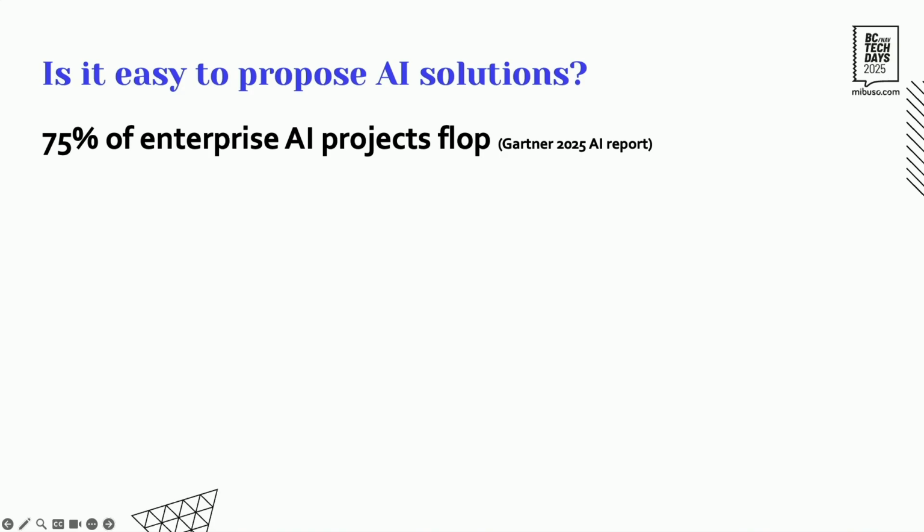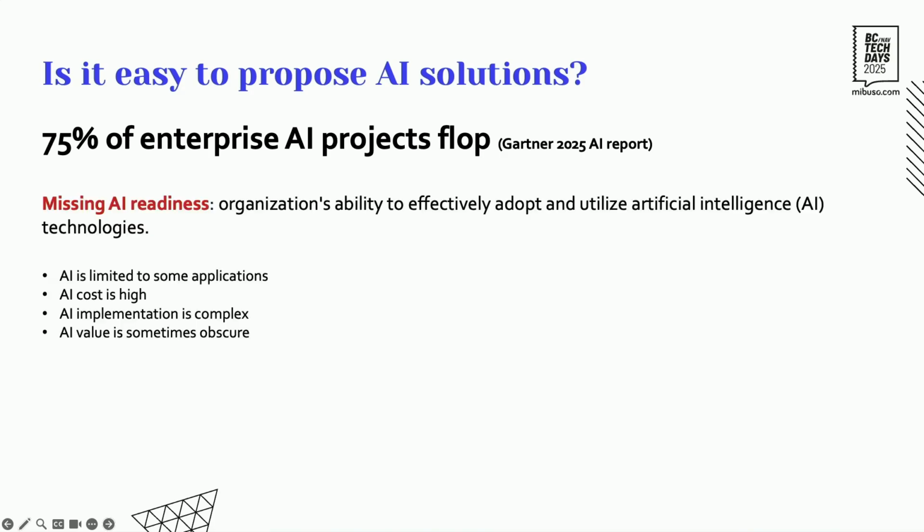This is a statistic from Gartner, but I think that is true. At least in my experience, proposing AI is not easy with customers, especially because, first of all, customers are often missing AI readiness, so they are not ready for AI, and they have some misconceptions about AI. So, for example, they think that AI is limited only to some applications.